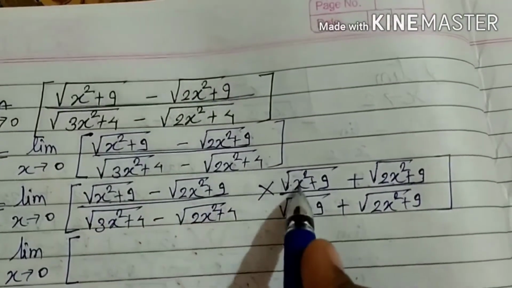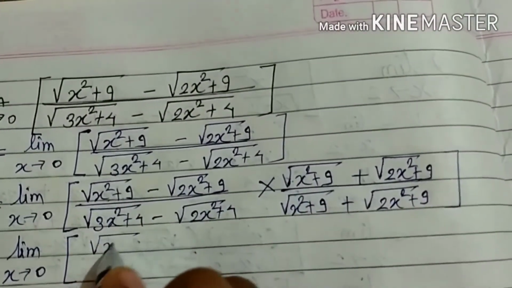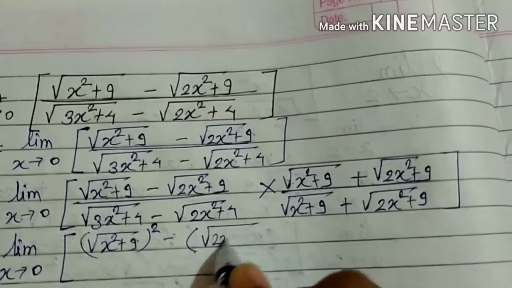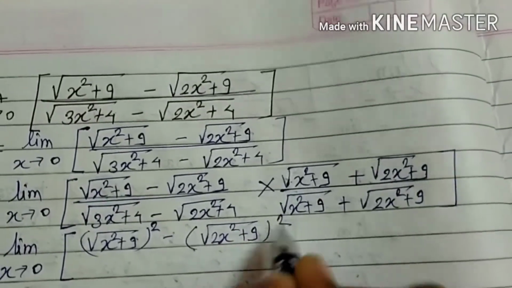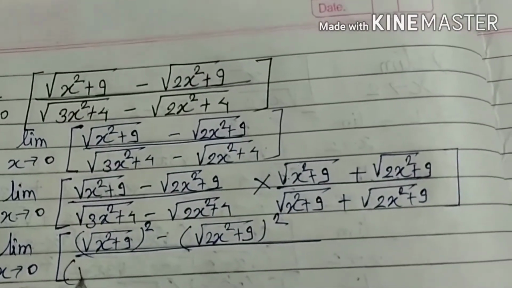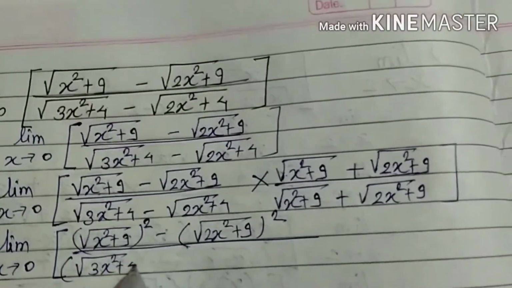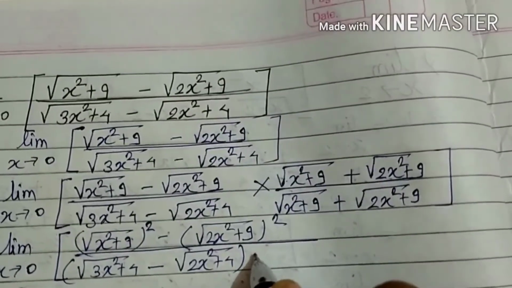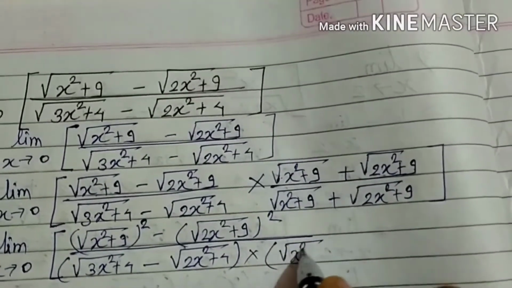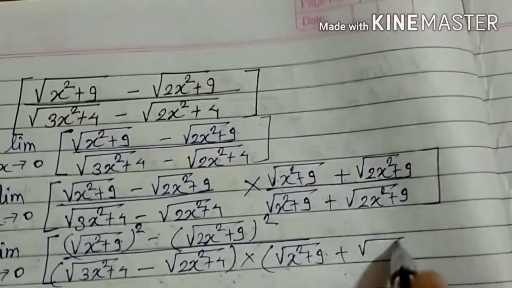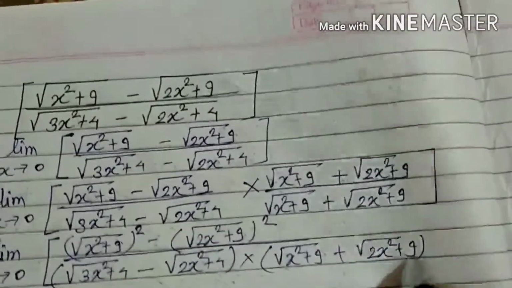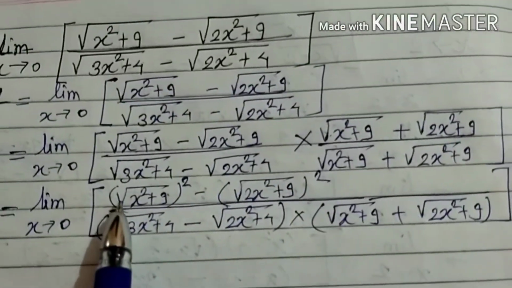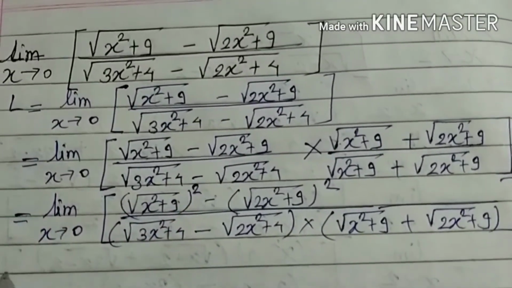So a minus b, a plus b, a square minus b square. And divide this term, so it is 3x square plus 4 minus 2x square plus 4, and this term also multiplied, so it is x square plus 9 plus under root of 2x square plus 9. Now this square root and square get cancel here.